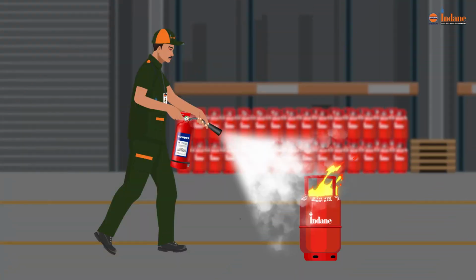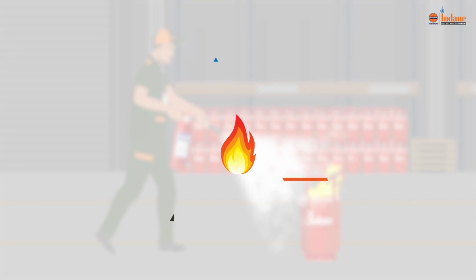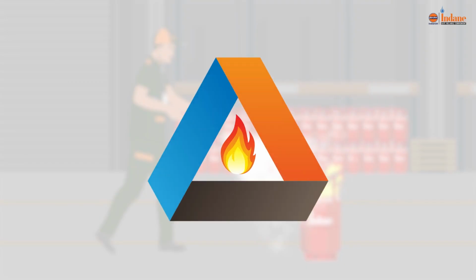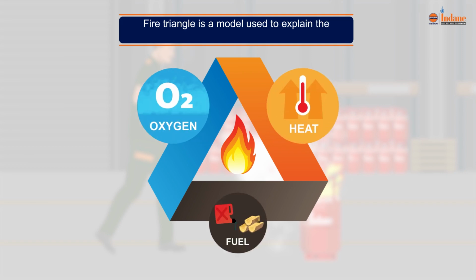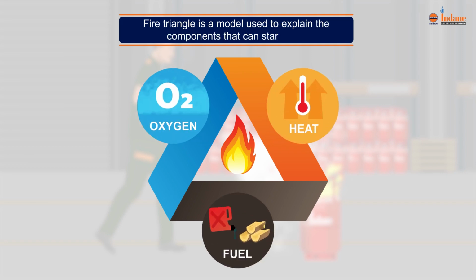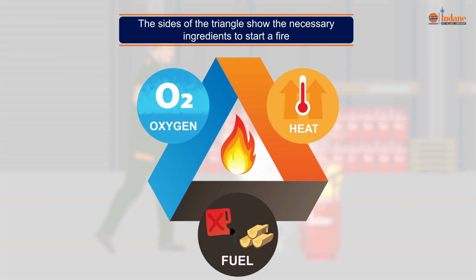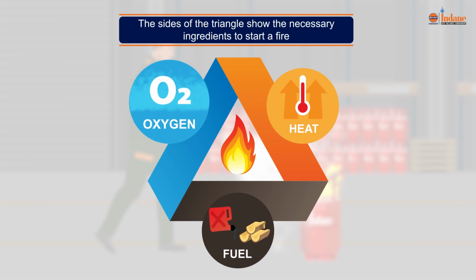Let's now understand what a fire triangle is. The fire triangle is a model that is used most often to explain the components needed to start a fire. The sides of the triangle show the necessary ingredients that can cause a fire, which can be heat, fuel, and oxygen.